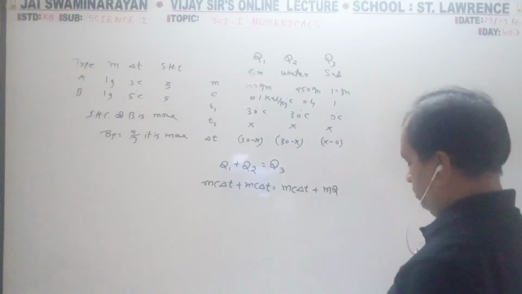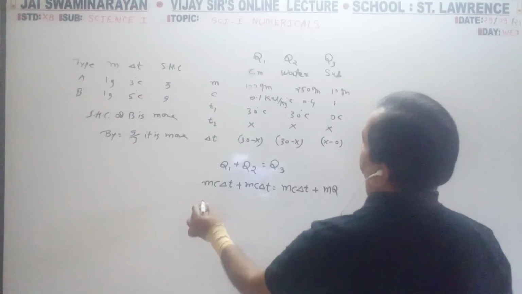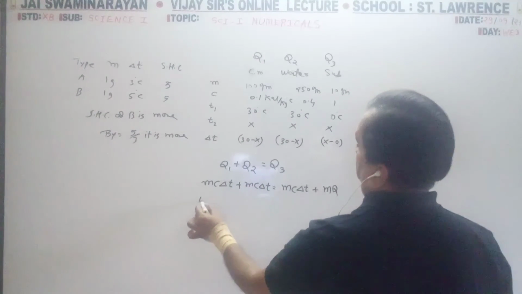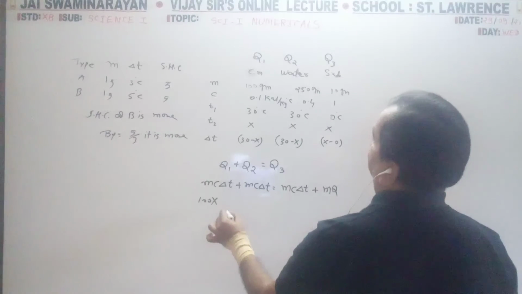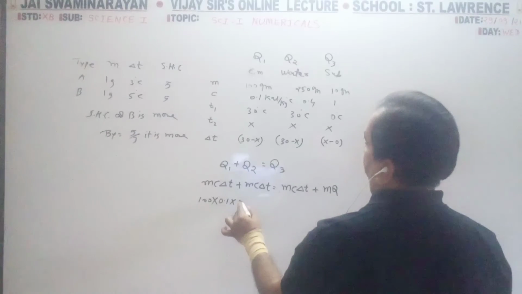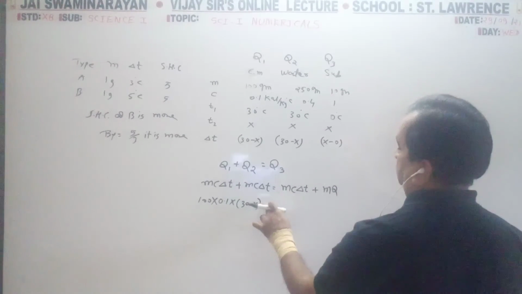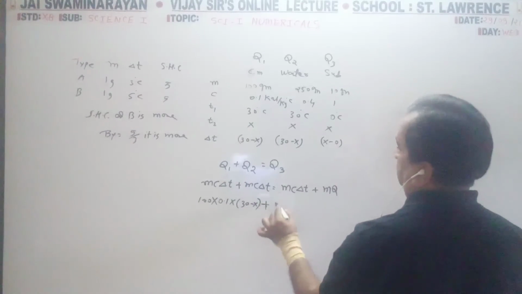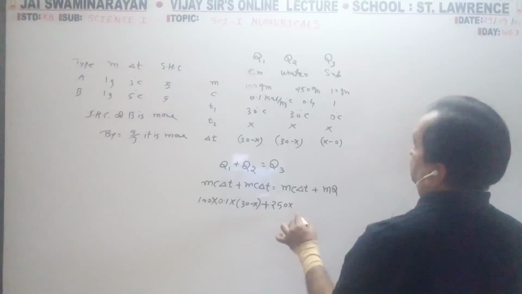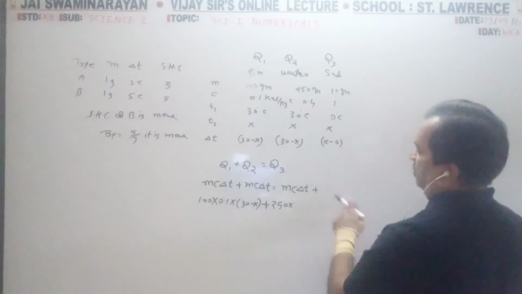So M is 100, C is 0.1, the difference, this is 250. L is not given, so I will not take this.